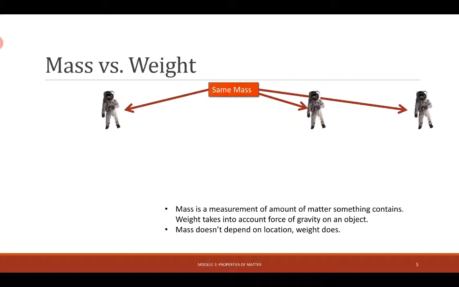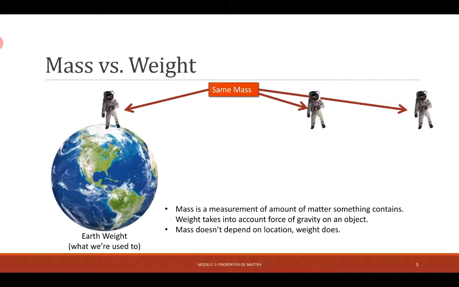Mass is a measurement of the amount of matter something contains. Weight is very similar to mass, but they are different concepts. Weight takes into account the force of gravity on an object, and mass doesn't. So mass just is constant all across the board, and weight takes into account the force of gravity.